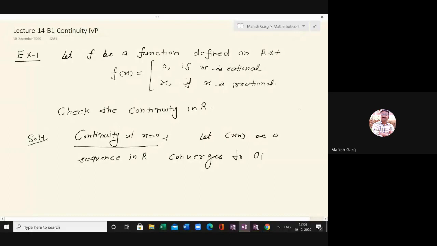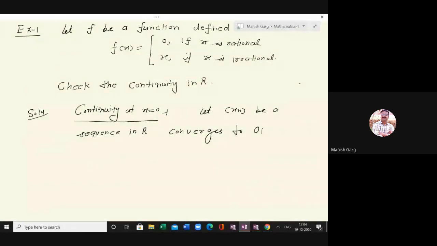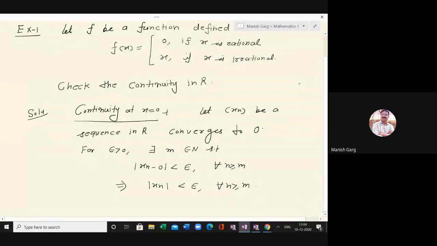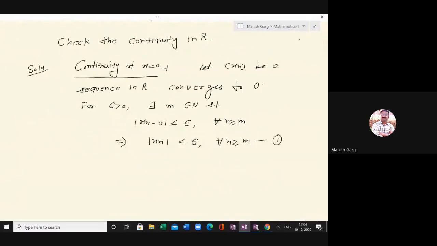You have to prove that f(xn) converges to f(0) if it is continuous. So for epsilon greater than 0, there exists a natural number m such that mod xn minus 0 is less than epsilon for all n greater than m, or mod xn is less than epsilon for all n greater than m, by the definition of convergence of a sequence.